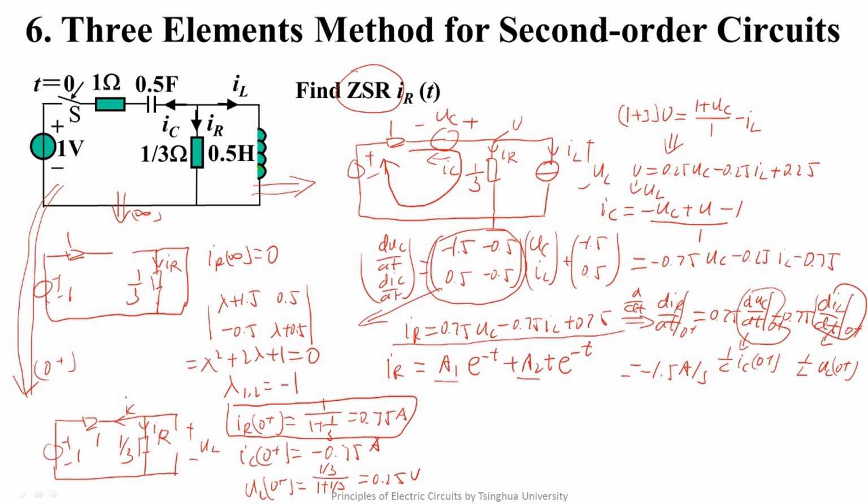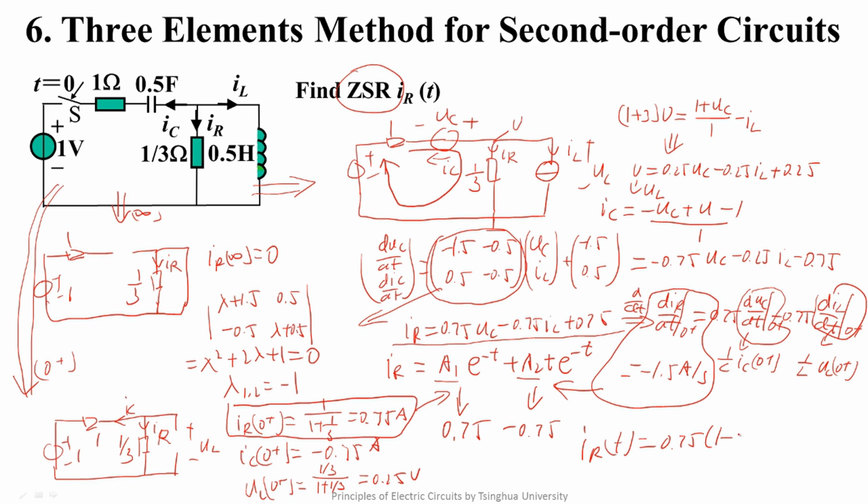With this initial value and the other initial value, we can substitute them into the general solution. So A1 equals 0.75 and A2 equals 0.75. So the expression of IR can be written as 0.75 times (1 minus t) times e to the power of minus t ampere, t greater than or equal to 0.